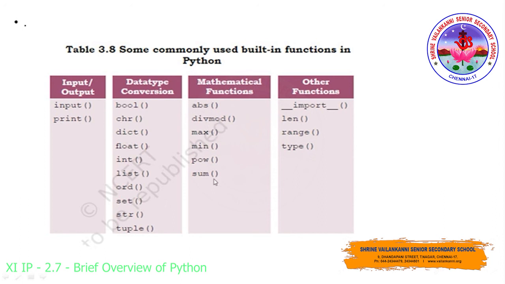Then mathematical functions. To perform mathematical operations, we make use of these built-in functions in Python. And among other functions, there is import, which we have discussed, the keyword we use to import functions. And then the len function, range function, and type function, which we have discussed already. So these are the commonly used built-in functions in Python.